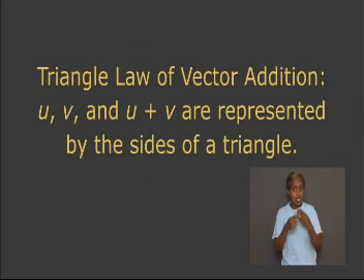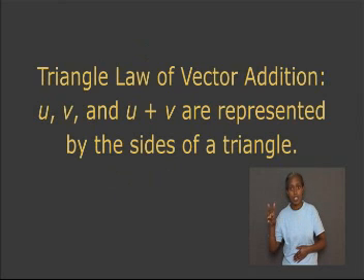Since u and v so closely resemble two of the sides of a triangle, this is called the triangle law of vector addition. We can also add vectors by adding their components.